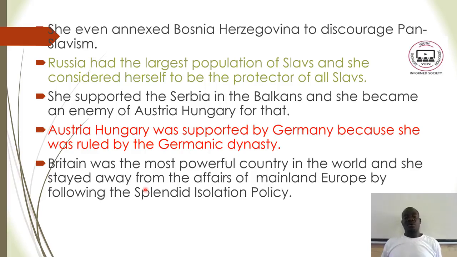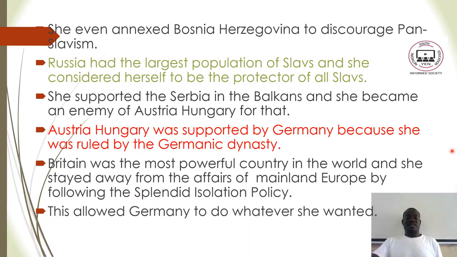As you have seen on the map, Britain is like an island separated from mainland Europe. So she was just concentrating on her own affairs in Britain, following the splendid isolation policy. So this allowed Germany to do whatever she wanted.